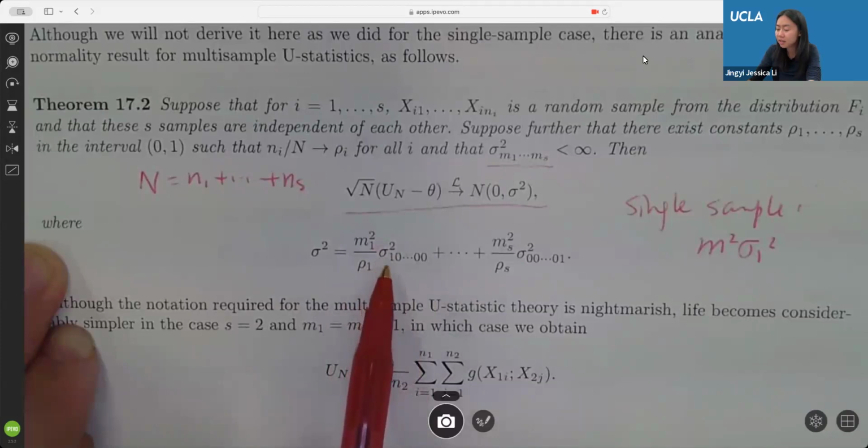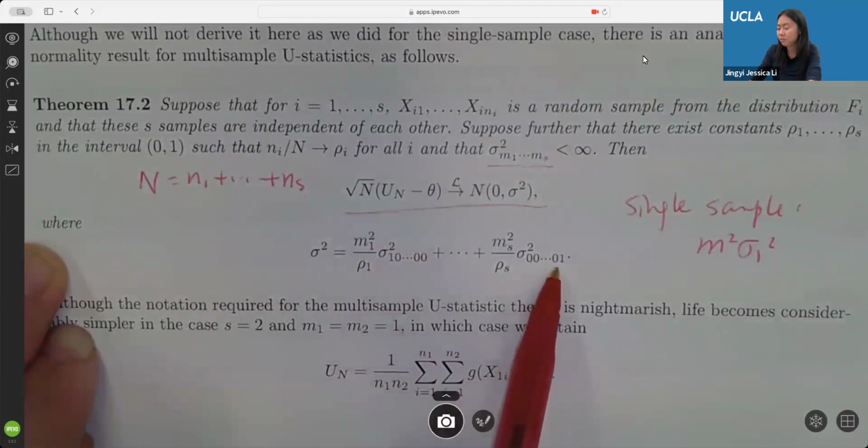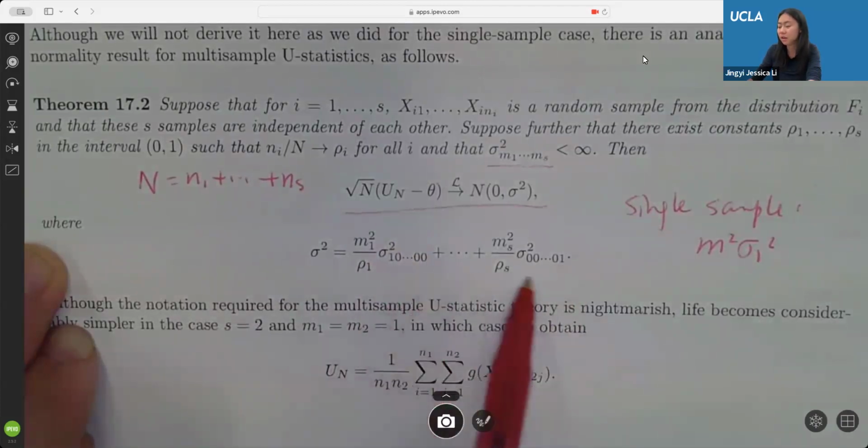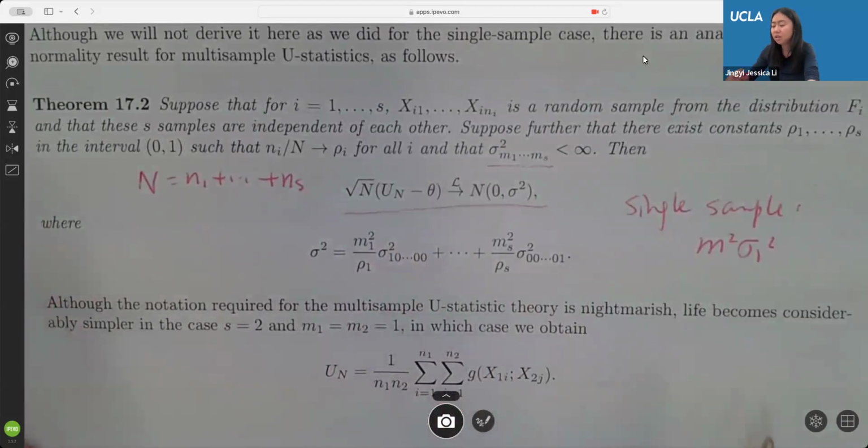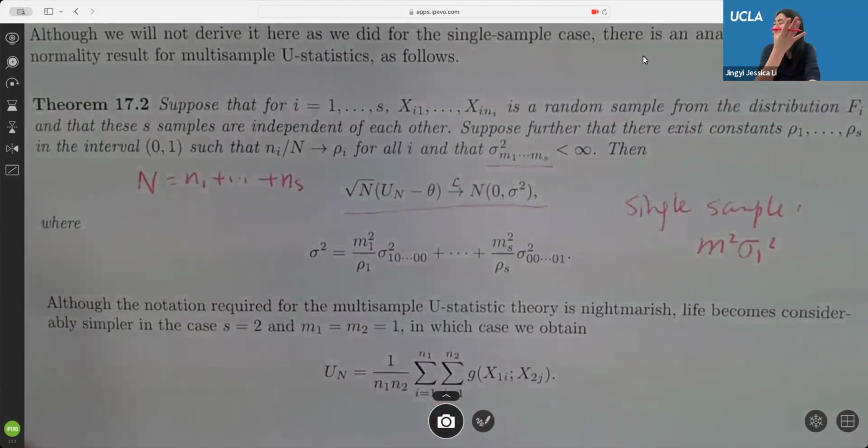And this sigma 1,0,0,0 squared means we're looking at the projection only to the first sample's first argument. This one means we only project to the last sample's first argument. Adding these up, we still only consider the dominant terms in the variance. That is, we consider one overlap within each sample, and we don't consider other samples.